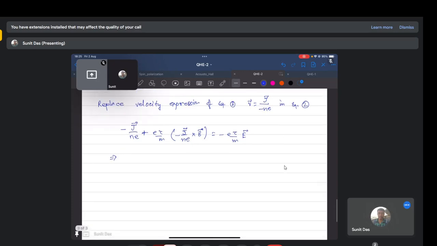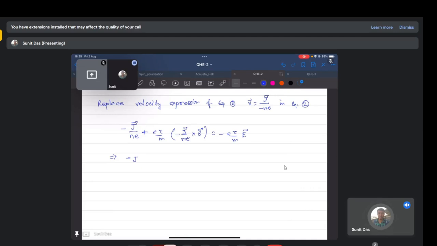So then plus j. All of these points have one negative, right? So j, and then I also multiply by ne on both sides, so e square tau by m, and then j by ne. Okay, and then n e square tau by m electric field.